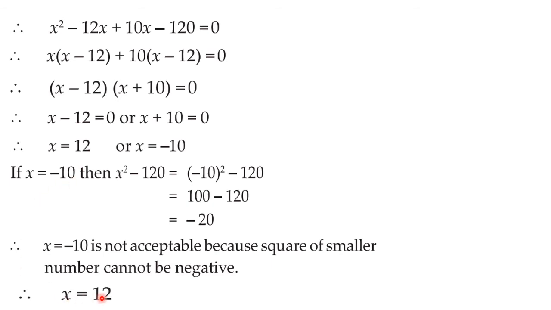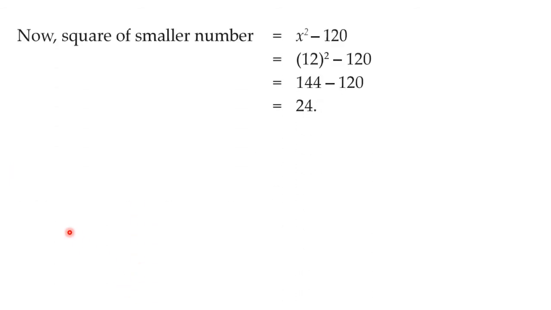So we can write down x is equal to 12. Now let us find out the smaller number. See, the square of the smaller number is x square minus 120 and x we are taking as 12. So 12 square is 144 minus 120, and therefore the square of the smaller number is 24. Okay. Here we got the square of the smaller number, but we want the smaller number.